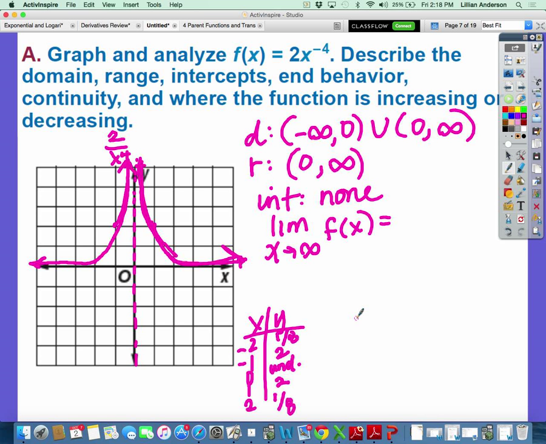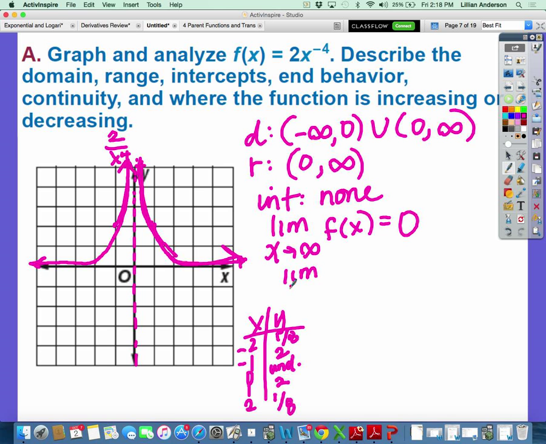What's the y value here? 0. Okay? Because my y's are getting smaller and smaller the bigger the x gets. And if you did more values, you would be able to see that it would be getting smaller and smaller.